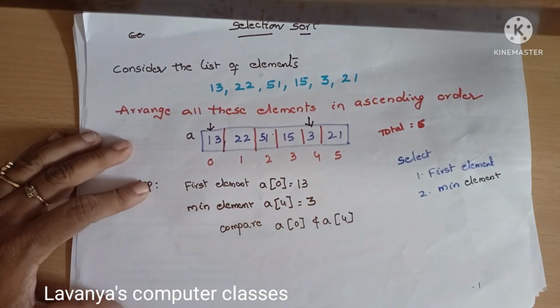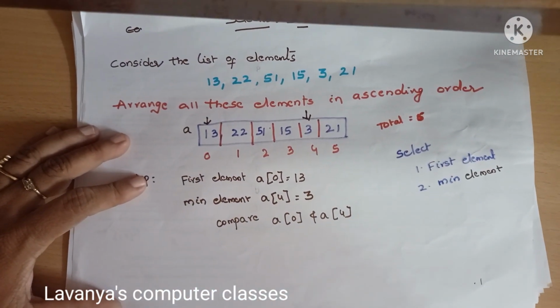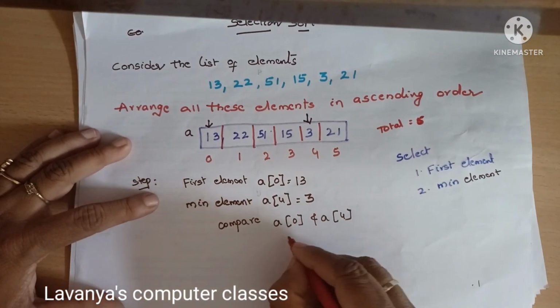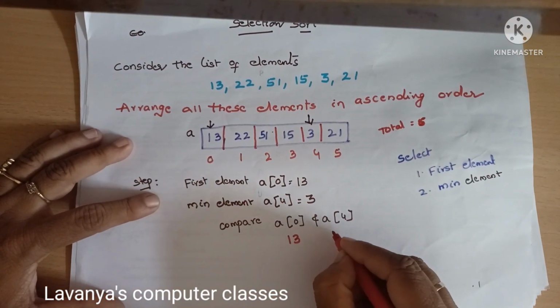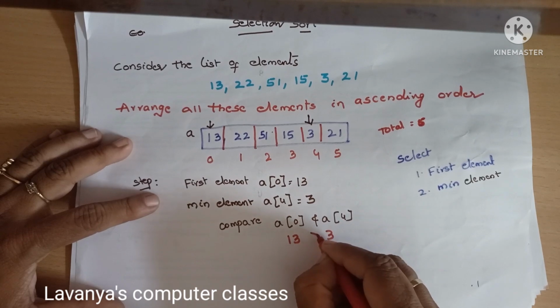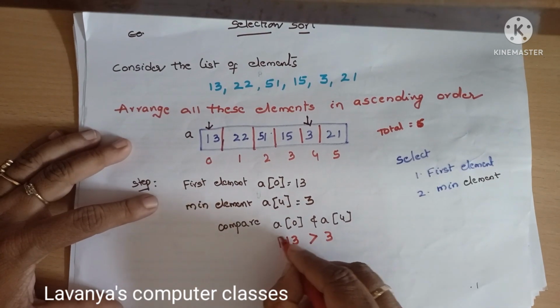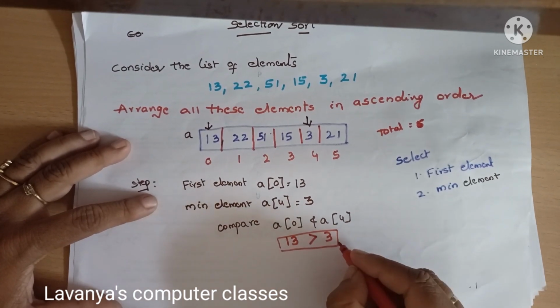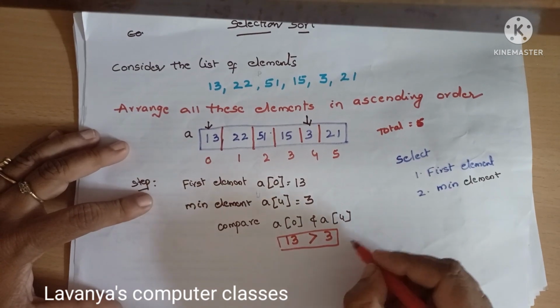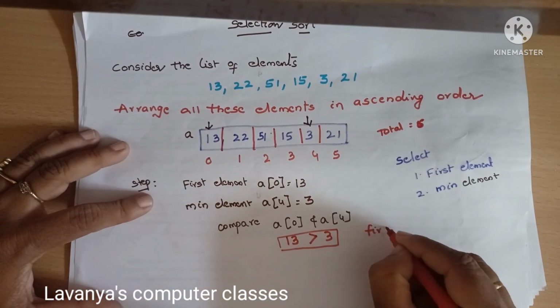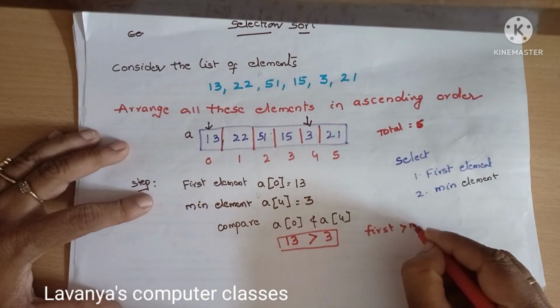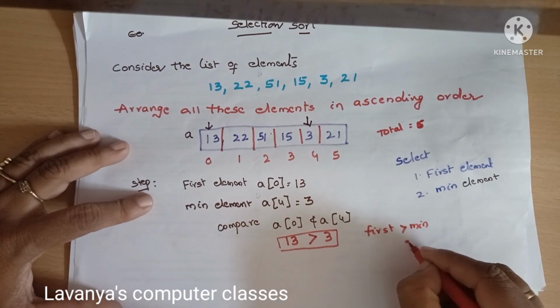That's why we compare these two. A of 0 is 13 and A of 4 is 3. 13 is greater than 3, so the first element is more than the minimum element. Whenever the first element is more than the minimum element, then swap it.